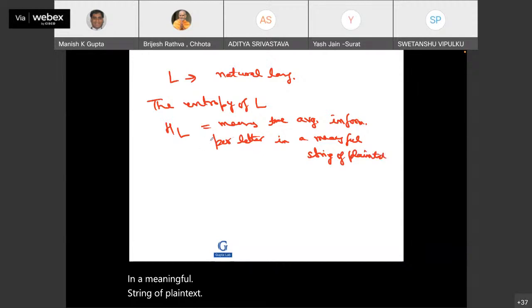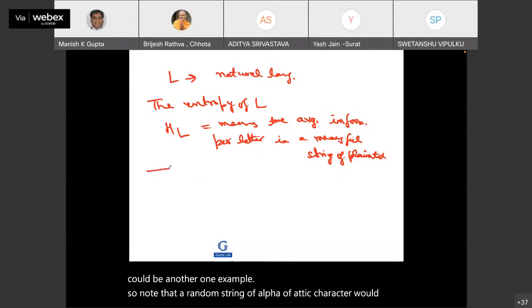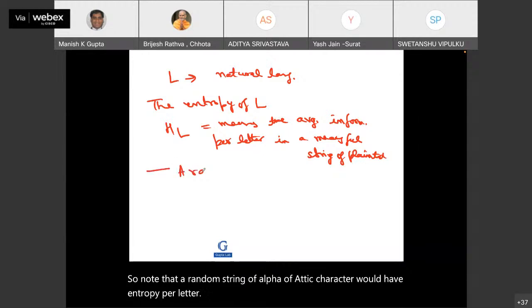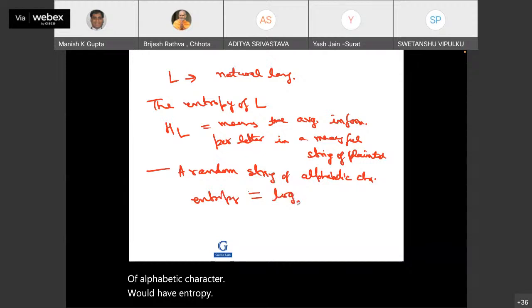Our natural language could be English, for example. So note that a random string of alphabetic characters would have entropy per letter log base 2 of 26, 26 being the total alphabet size, which is equivalent to 4.70.